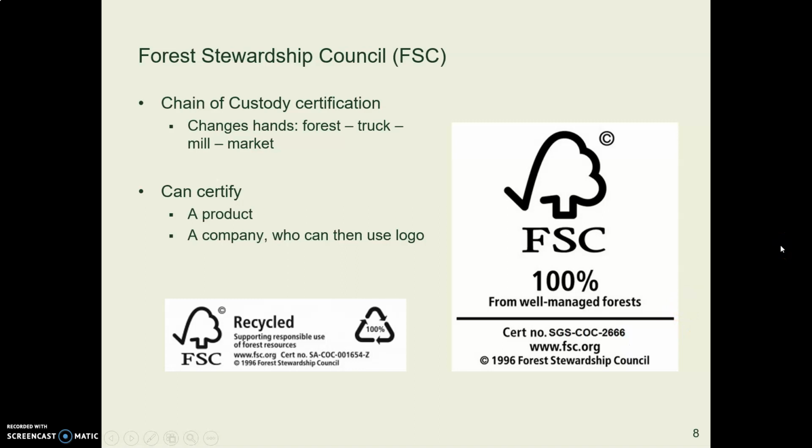Then there's a chain of custody requirement. Once a forest is certified FSC, then that wood is harvested, it's put on a truck. Well, who knows where that truck came from or is going? You have to have a certificate verifying that this certified wood was officially handed off to the logistics company.